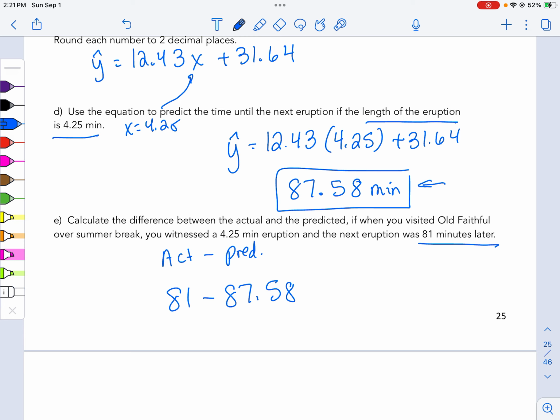That's what we figured out right here. Okay, so the actual was 81. The predicted is 87.58. So we're going to subtract those two, and technically we get negative 6.58.